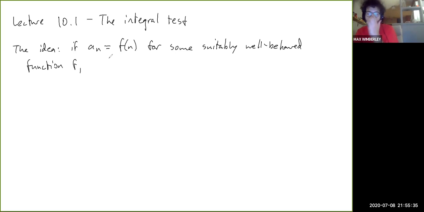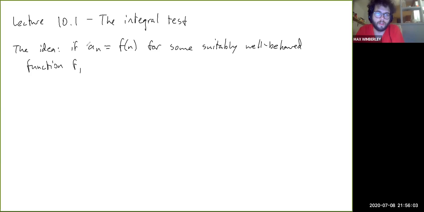In a lot of cases, when we define the terms a_n, we'll have a formula in terms of n, and you can think of that formula as a definition of the function f. If you replace n with x and think of it as a continuous variable instead, you could use that function, at least in a number of cases. Not in every case, we'll see.